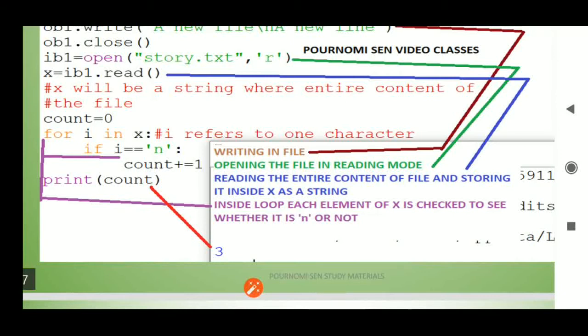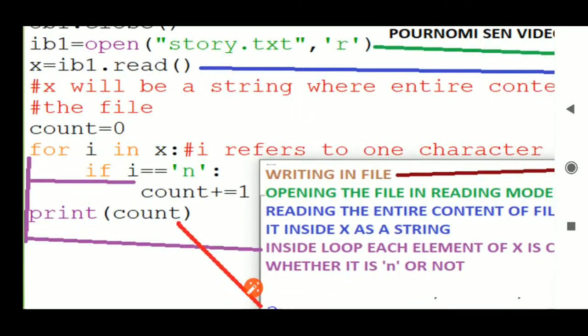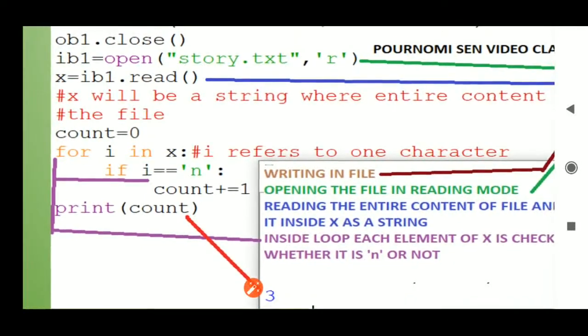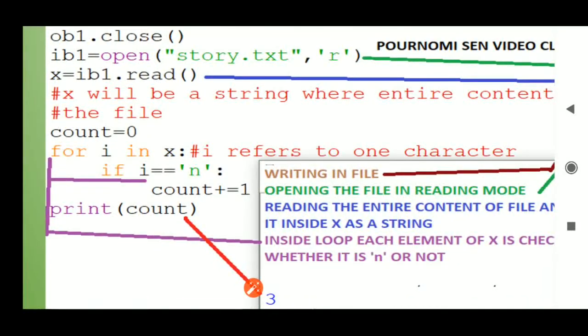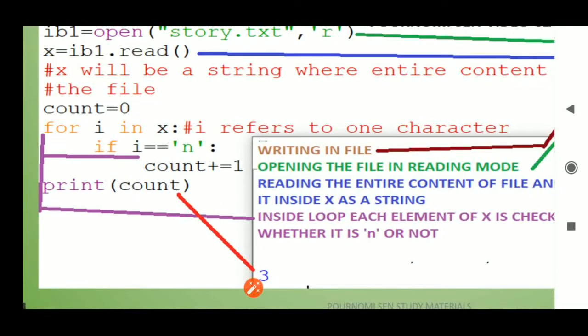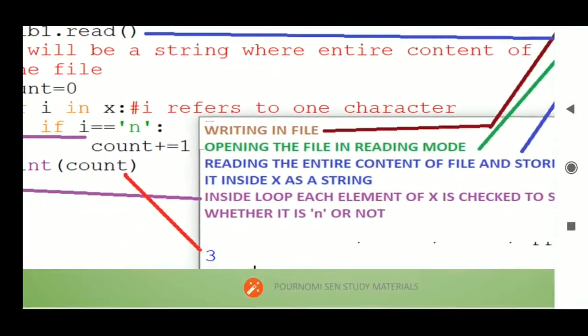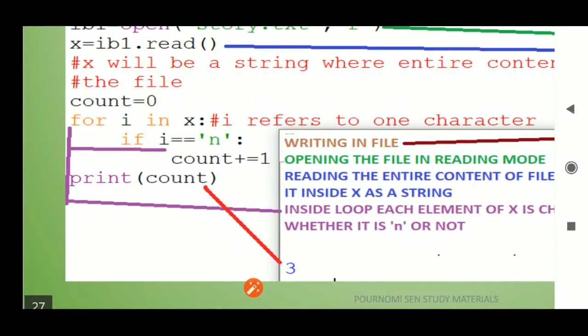Now we'll check it character by character whether it is equal to n or not. How many n's are there inside the file? As we need to count the number of n's, we have taken a variable count equals 0. For i in x, follow this violet line: inside the loop each element of x is checked to see whether it is n or not.